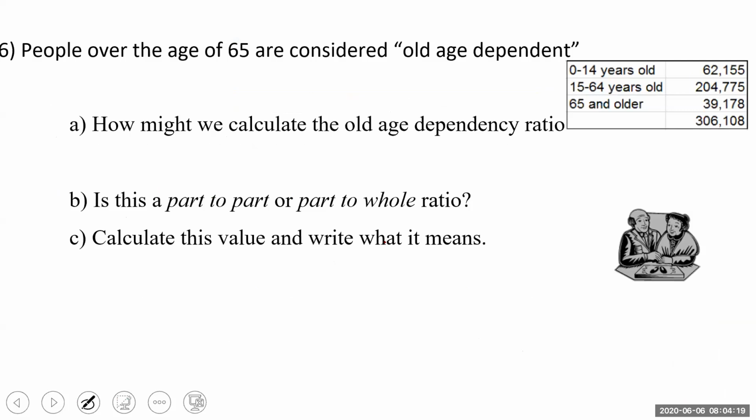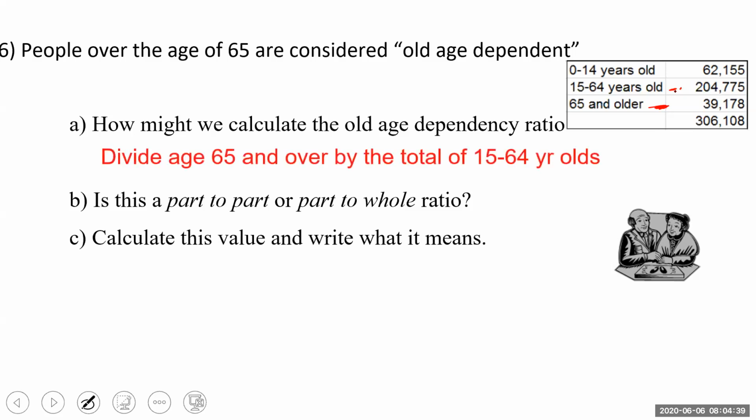All right, now we want to look at old age dependency ratio. Now you realize that people who are 65 and older, they don't depend on people who are 0 to 14 because they are also kids. They are kids, they depend on other people. So this group of people depend on that group, 15 to 64. So, and that is how we do that.